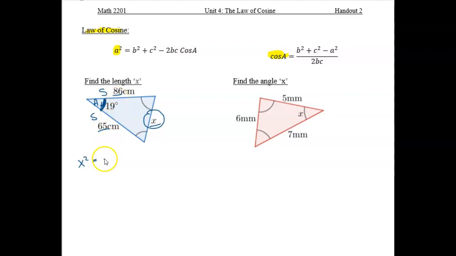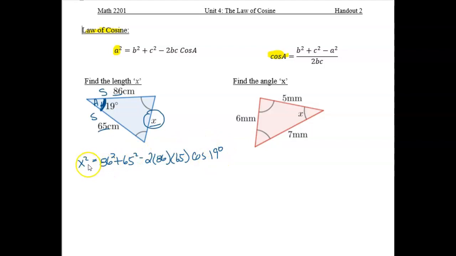So you have 86 degrees plus 65 degrees. Subtract these two sides. And then it's cosine of the angle that's between the sides.